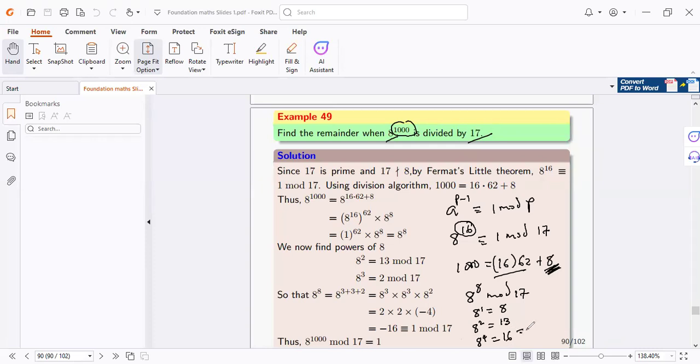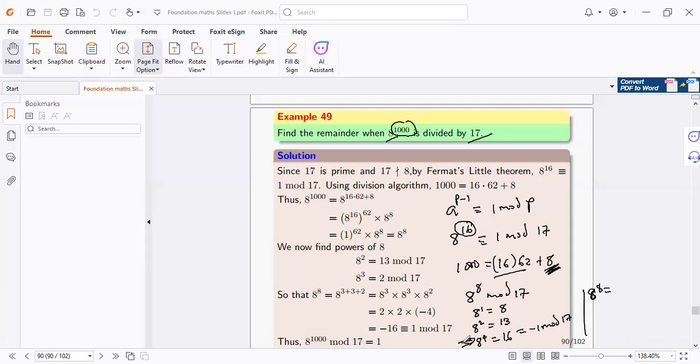16 is the same as -1, because you remember I said it's always good to make this number as small as possible. It's the same as -1 mod 17. So now what I want is 8 raised to 8, which is squaring this.